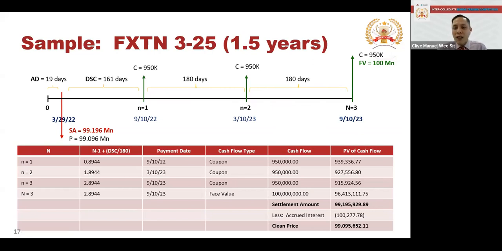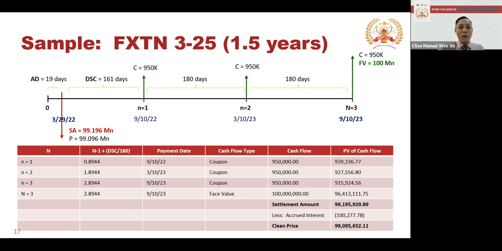We know that the other coupon payment dates, apart from September 10, is 6 months back. So September 10 minus 6 months is March 10, 2023, which is a coupon date. If we move back another 6 months, that's September 10, 2022, which is another coupon date. And then if we move back another 6 months, it's March 10, 2022.